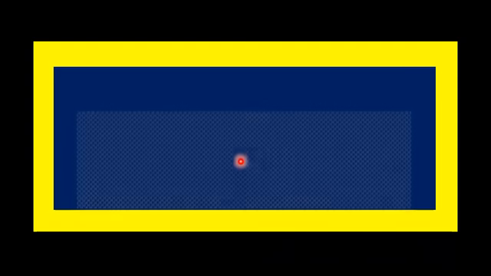Let's say this is a zone melting furnace, and this is the internal part of the zone melting furnace. So in the zone refining process, the polycrystalline material is placed inside the zone refining furnace like this.